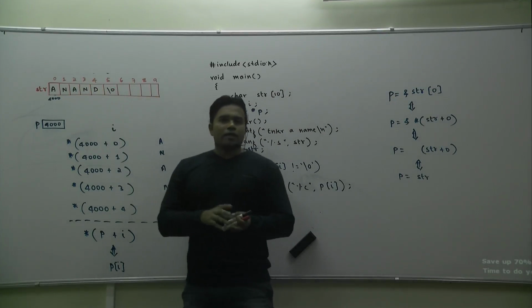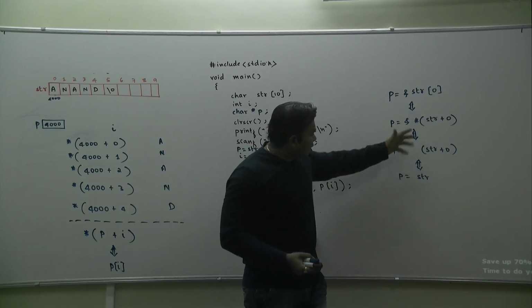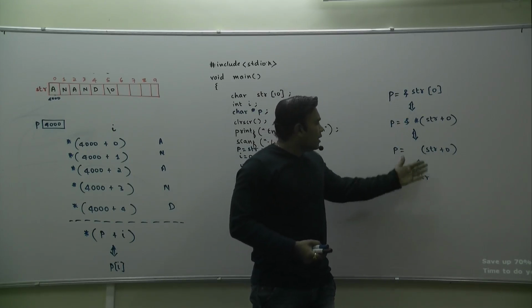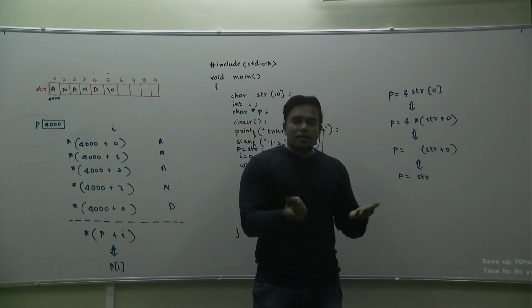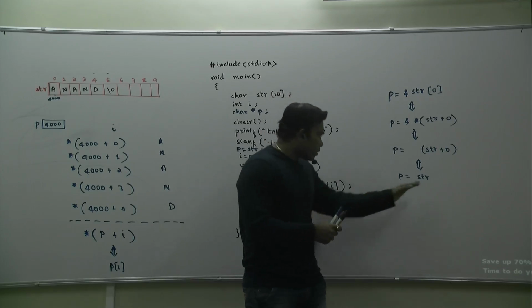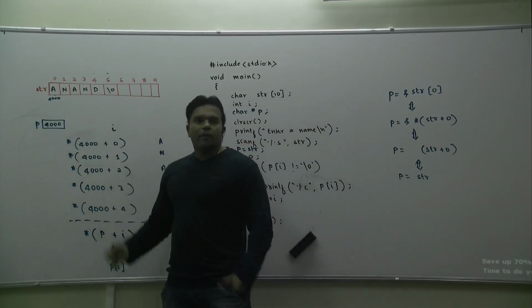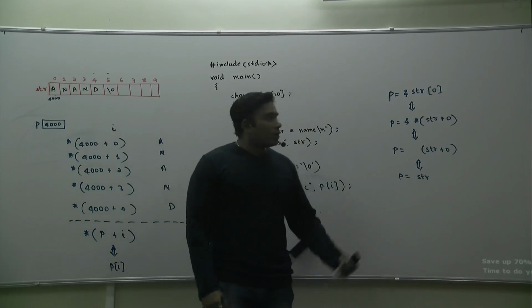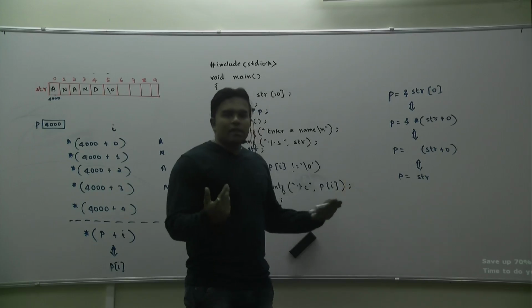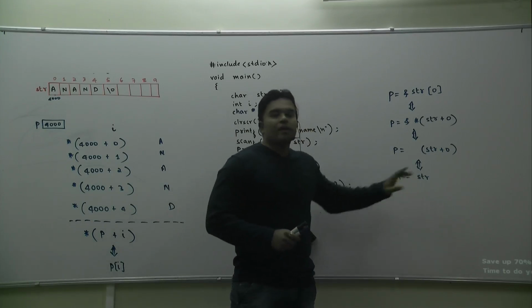Now after all the calculations, str is nothing but the base address, 4000, and that is what you gave to P. So this statement and that statement are the same. This is another proof that the array name will give you the base address.